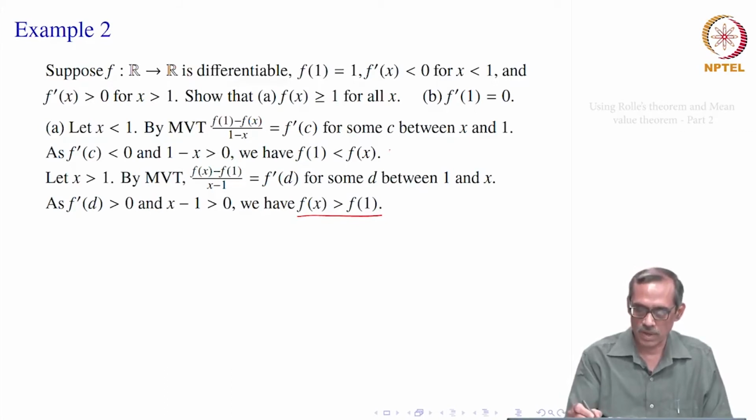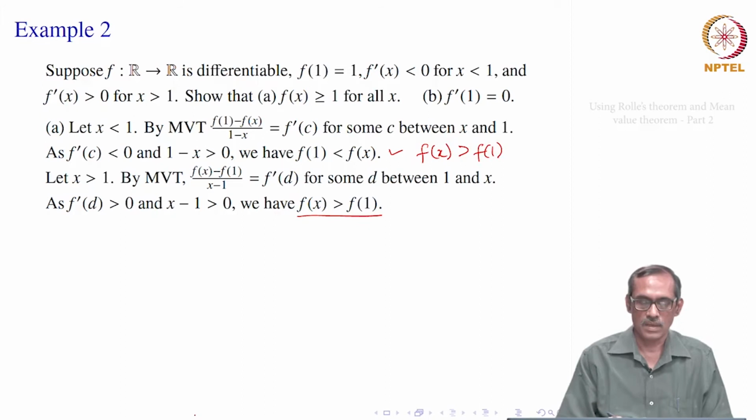Here also, earlier we got f of 1 less than f of x, which is the same thing as telling f of x is bigger than f of 1. So, that means at any point x which is smaller than 1 or which is larger than 1, we always have the inequality f of x is bigger than f of 1.